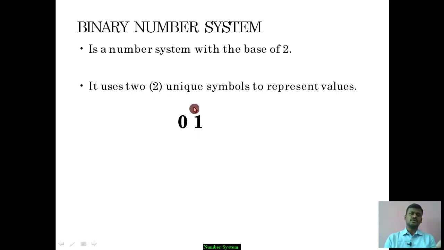As we have seen in the case of decimal numbers, we had unique numbers from 0 to 9, but in the case of binary numbers we will have only two different symbols, that is 0 and 1. So this is how binary digits can be represented.